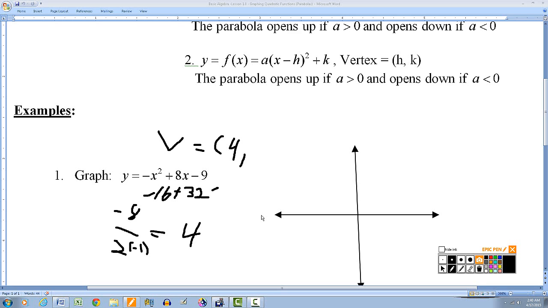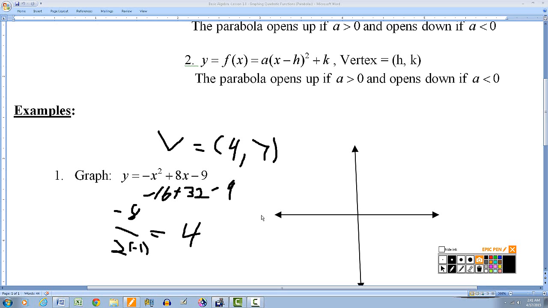So minus 16 plus 32 is 16, and then minus 9 gives me 7. So the vertex is (4, 7). And the a is negative 1, so since it's negative, the graph has a vertex at (4, 7) and opens down.